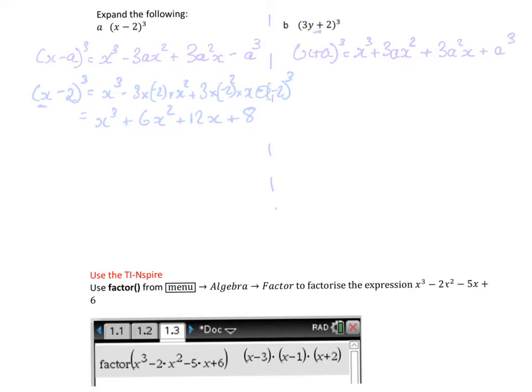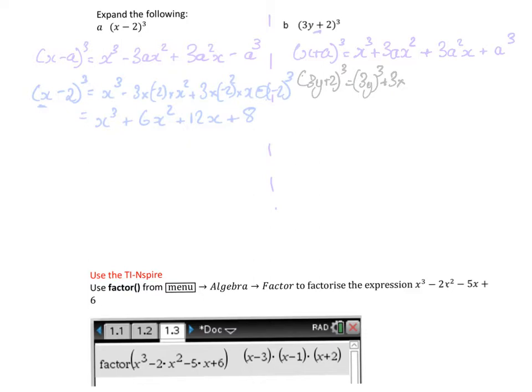Let's put in what we know about this one. So we are looking for 3y plus 2 all cubed, which means in this case that our first term is 3y. Our second term is 2. Let's be very clear about that. So we are now looking to cube the first term, which is 3y all cubed, plus 3 times the second term times the first term squared.